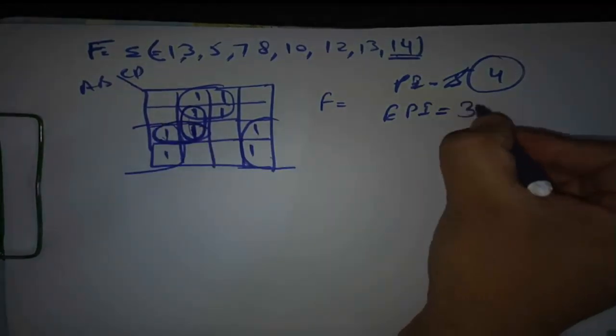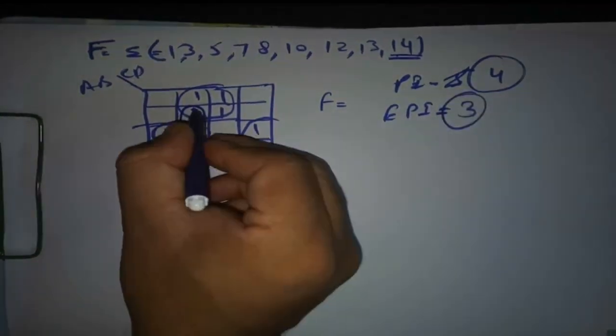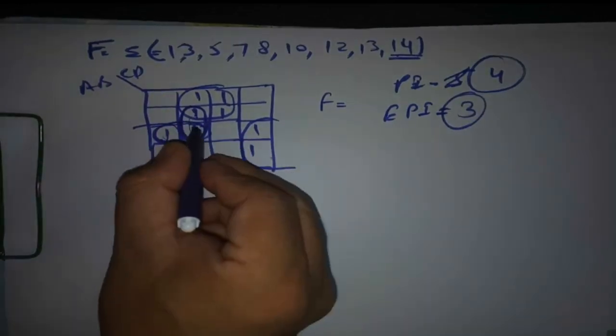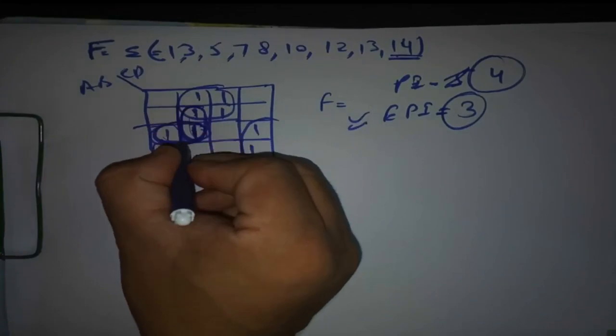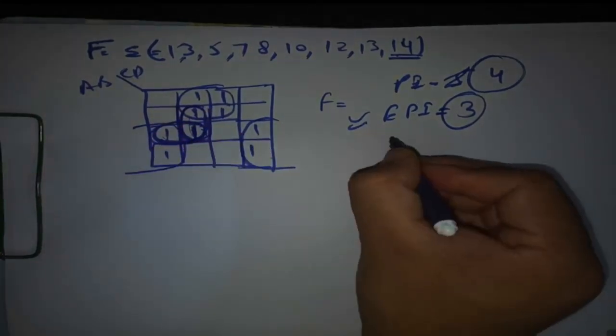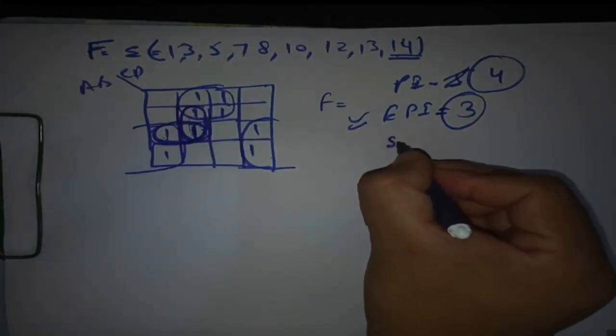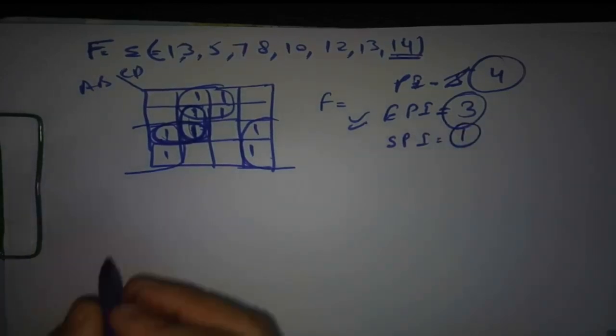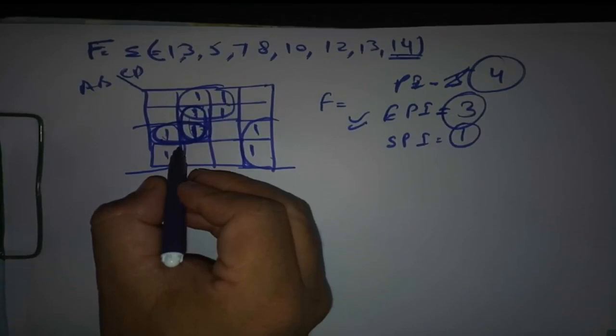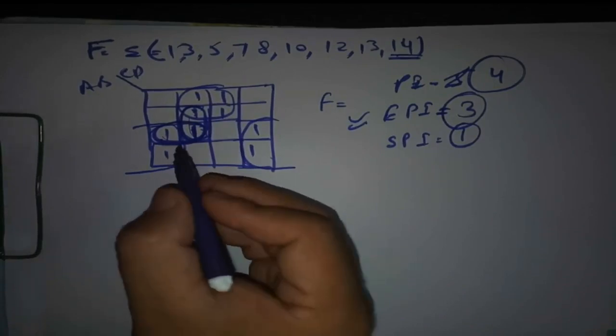That means a total of 3. If we take this group as an essential prime implicant, then this group becomes your selective prime implicant, and this totally depends on the user. Clear?